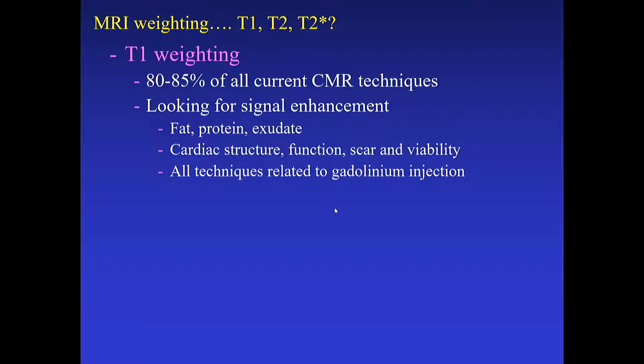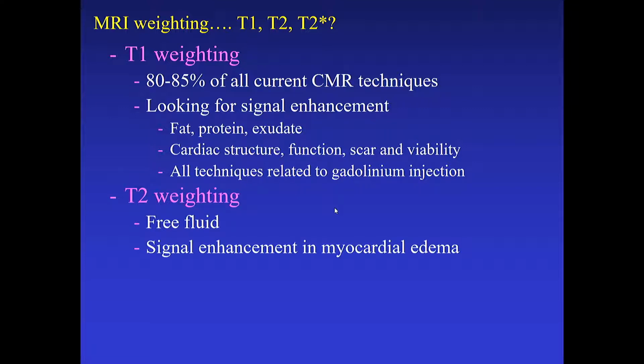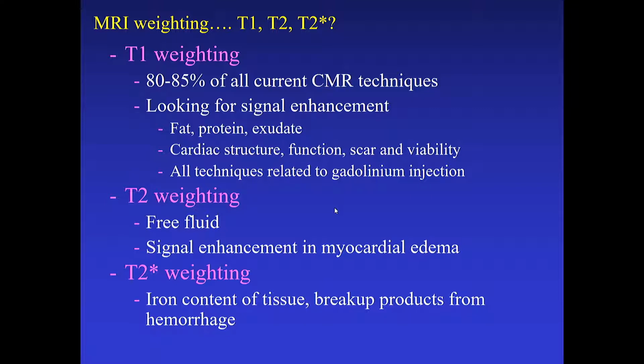So as I mentioned, when you get an MRI report and you get back all these technical descriptions, what do they mean? I want us to spend a minute to explain in general terms what they mean. Different types of MRI rely on fundamentally similar principles to look at different tissues. But for cardiac MRI, in general, T1 weighting means it is a way to look at signal enhancement.